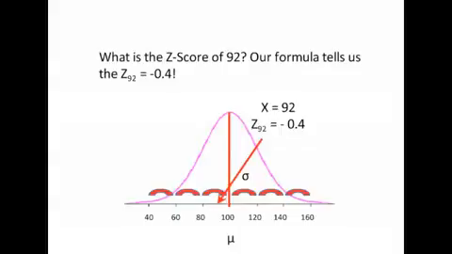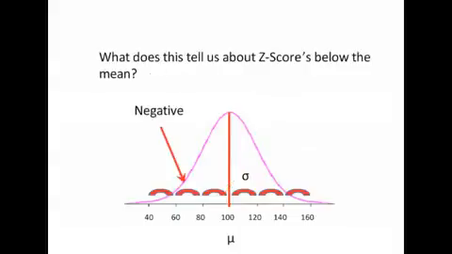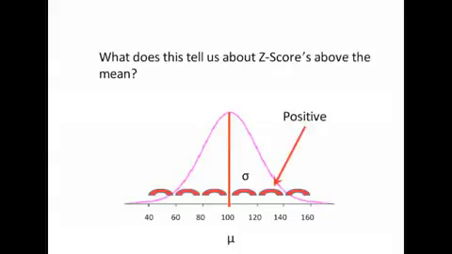If somebody walked up and said, our raw data point has a z-score of negative 0.4, you could immediately envision that it is below the mean, actually 4/10 of a standard deviation below the mean. Those z-scores that lie below the mean will be negative. Those z-scores that lie above the mean are positive.